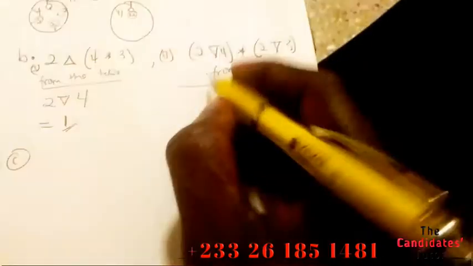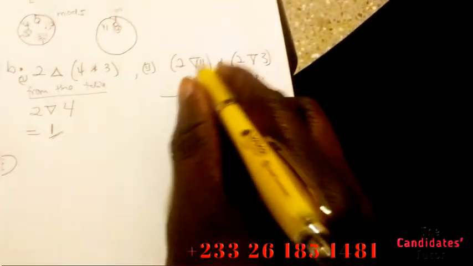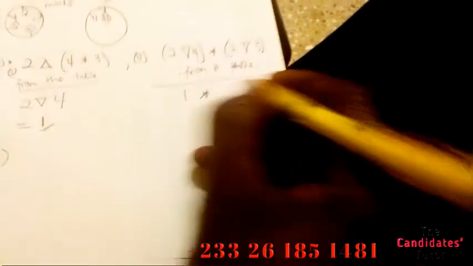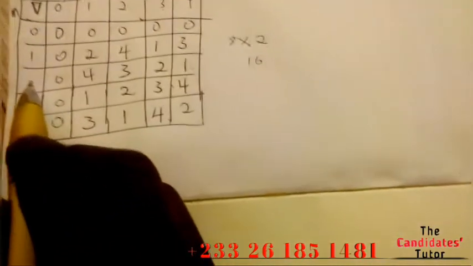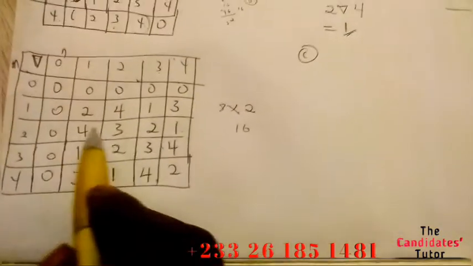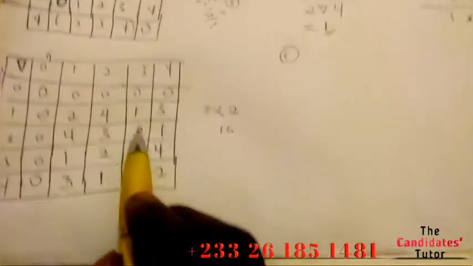From the table, you're going to have 2 triangle 4 is 1 star. Then what about 2 triangle 3? So 2 triangle 3, which is here, is also 2.